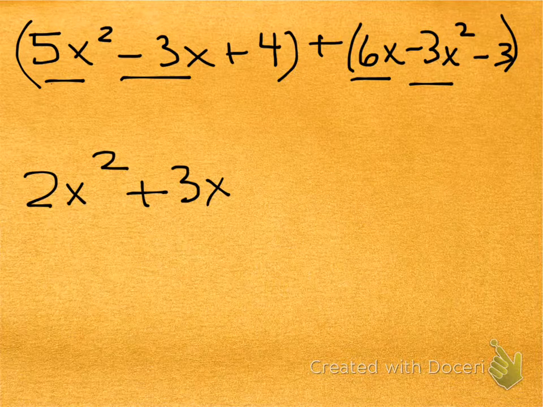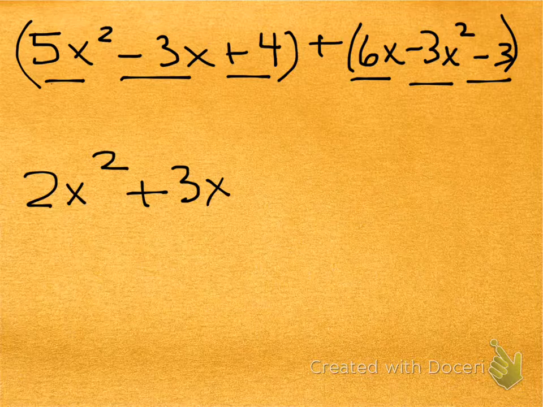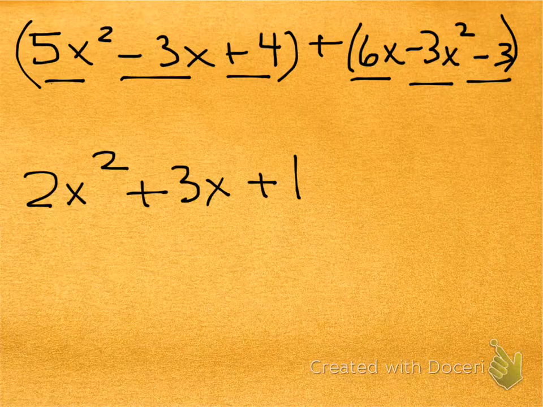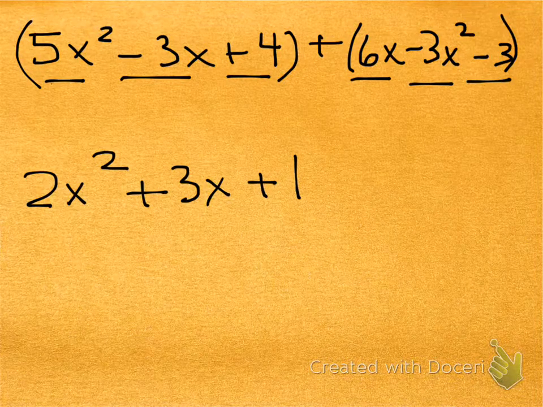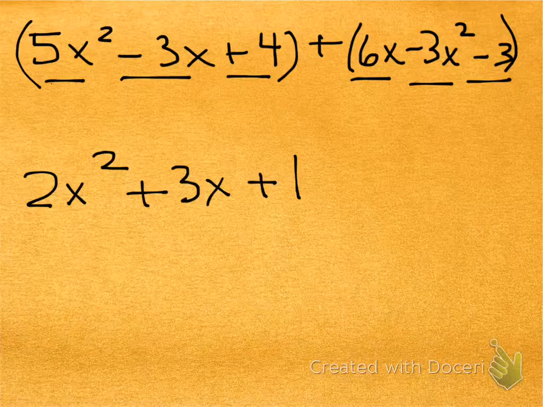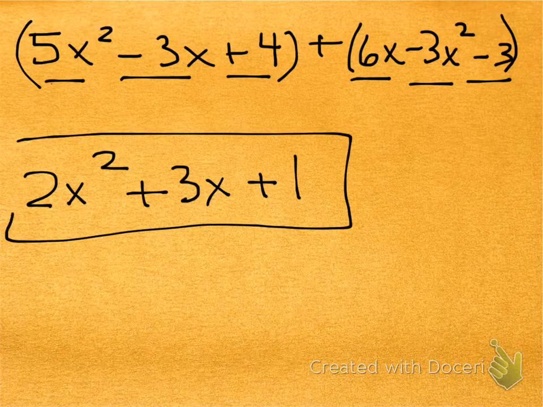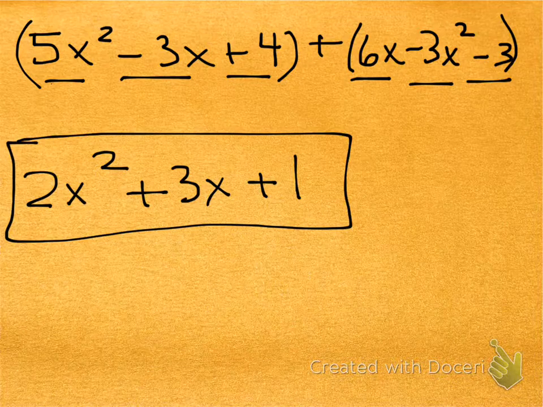And then you have 4 plus negative 3, which is the same as 4 minus 3, or 1. And so we would have it in order from greatest to least in terms of the exponents, and this would be our answer if we add the 2 together.